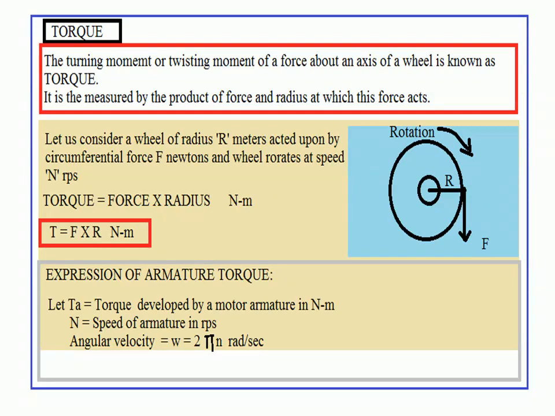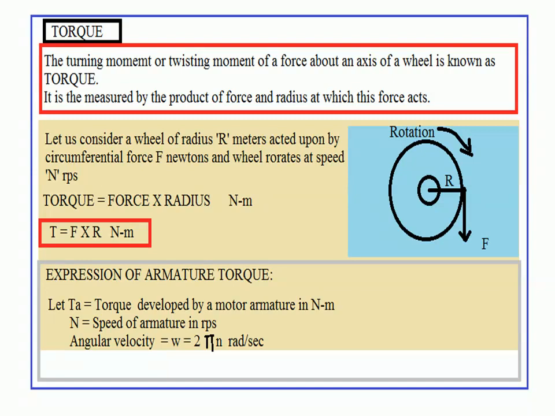Later on, derive an expression for torque in a motor. Let TA be the torque developed by the motor armature in Newton meter. Small n is the speed of the armature in revolutions per second, while capital N is in revolutions per minute.